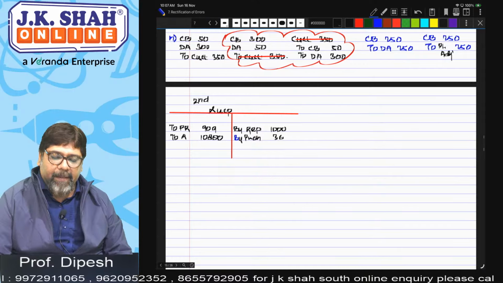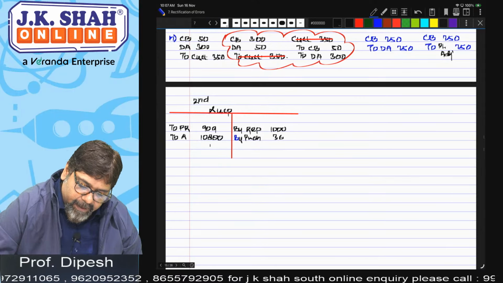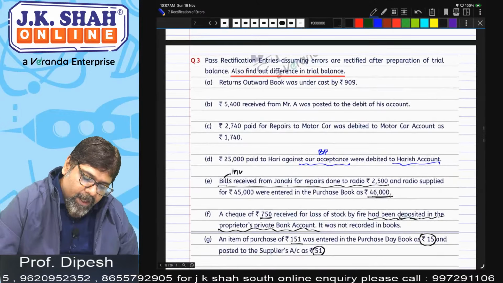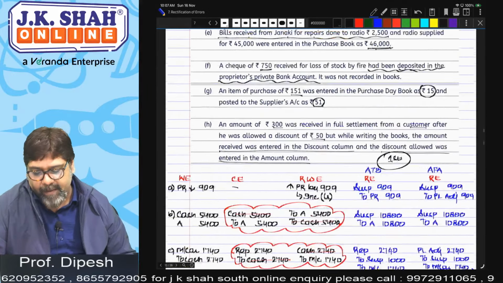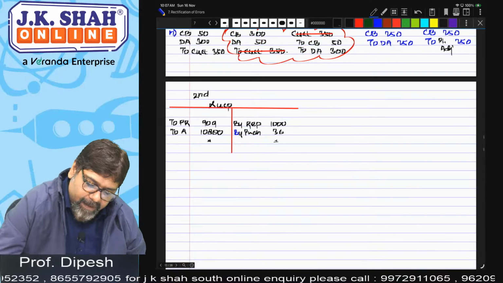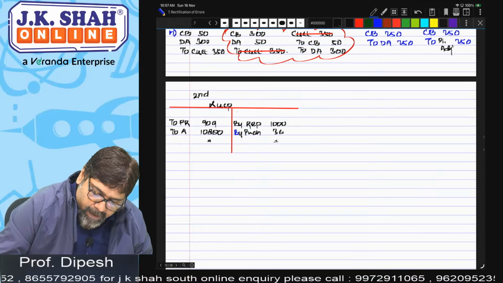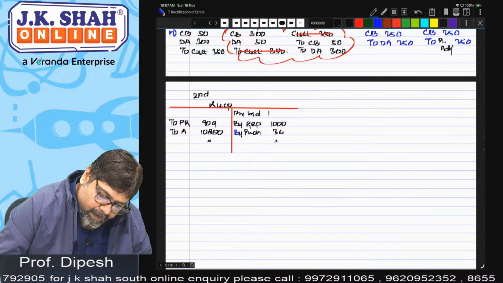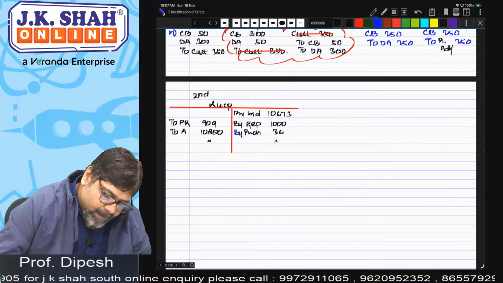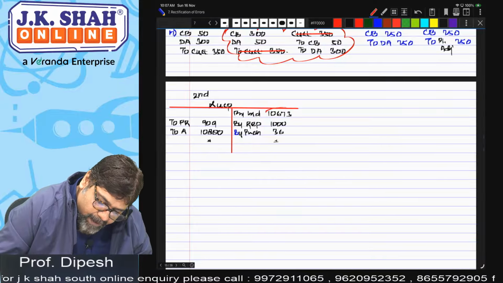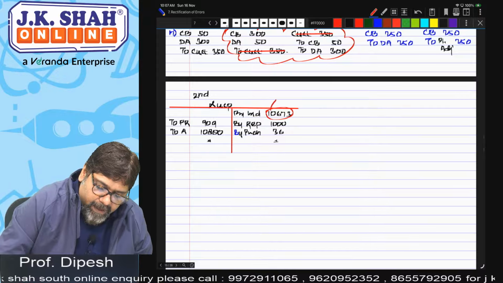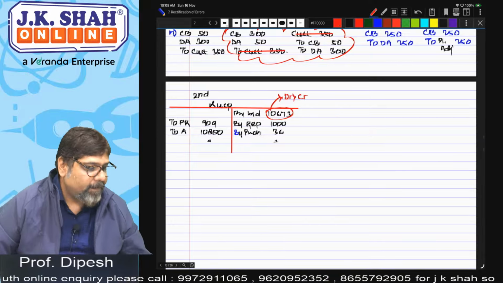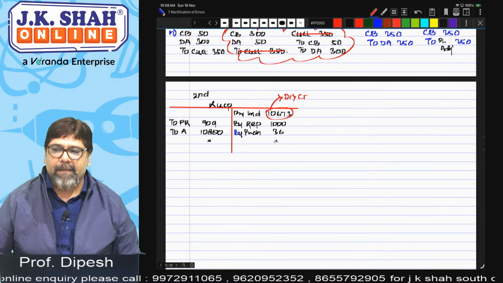So prepare the suspense account and find the opening balance, because they have also told us to find out the difference in trial balance. The difference in trial balance is the opening balance. The balance brought down came 10,673 on the credit side. That means debit is greater than credit. Correct?